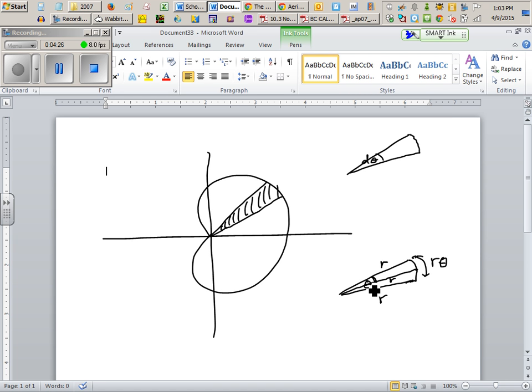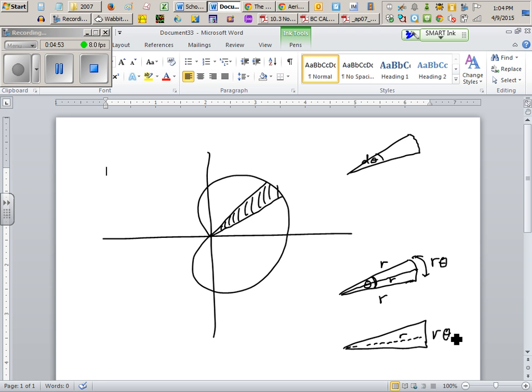Or you can look at it as a triangle, because the next closest thing to this shape in geometry is a triangle, right? It looks almost like a triangle. Notice that this distance is r, just like the other 2 r's. So if you treat these things as sectors, and you treat sectors as triangles, you can figure out what the differential area of the polar sector is.